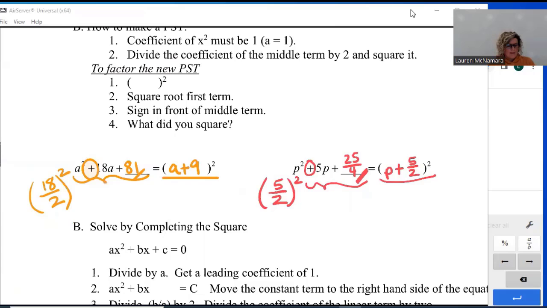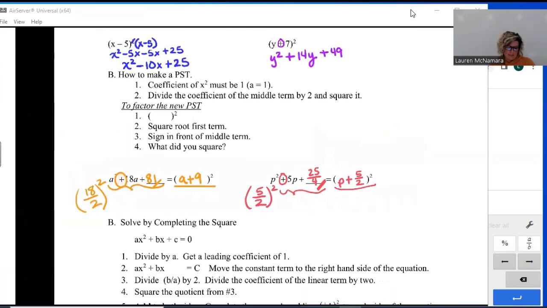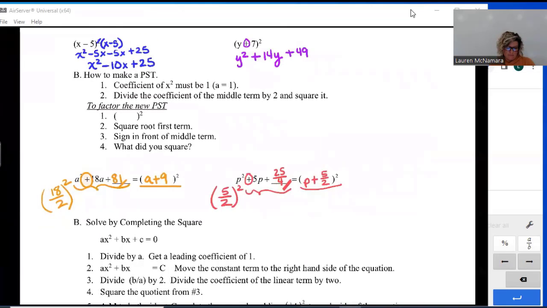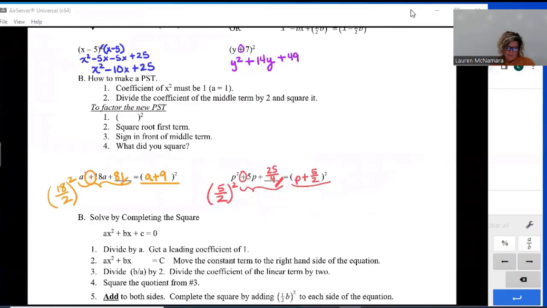All right, so let's say that I have x squared minus 12x.